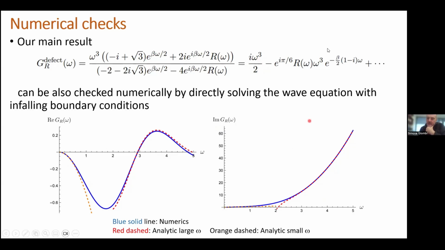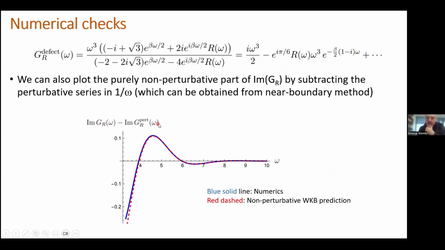So to see better the contribution of these non-perturbative tails, one can plot the imaginary part subtracting away the perturbative piece, which is like omega cubed plus the power series. And then what you are supposed to see is just these oscillations modulated by the exponential decay. And the agreement is extremely good.